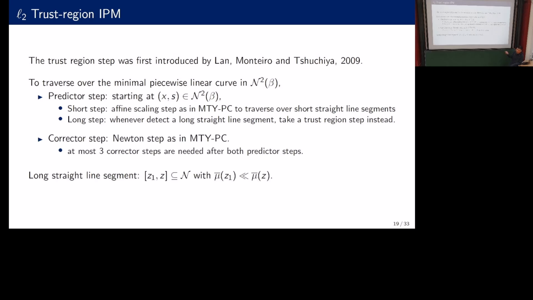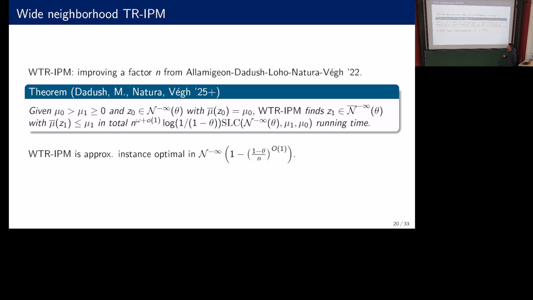And in both cases, you need at most 3 corrector steps, the same Newton step as before, to go back to the original L2 neighborhood. Here by a long straight line segment, I mean a straight line that stays entirely in the same neighborhood, but the duality gap of the lower endpoint is much less than the duality gap of the higher endpoint, so it's not a constant factor decrease.